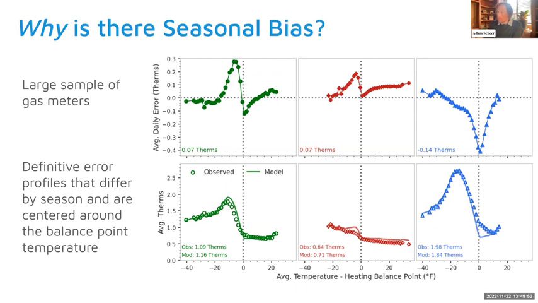So what are we trying to do here? We're trying to understand why there is seasonal bias in the CalTrack daily model. The answer is basically that customers don't have the same heating pattern in the winter as they do in milder shoulder months or in the summer months.